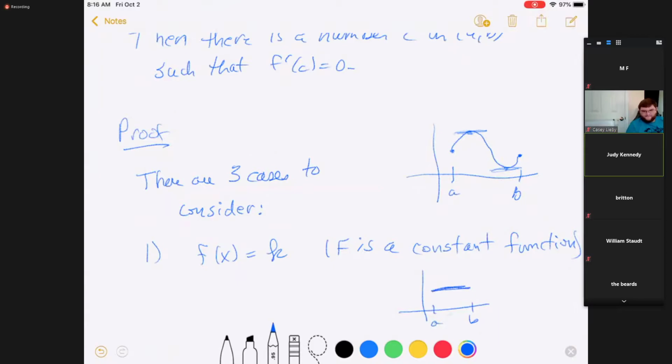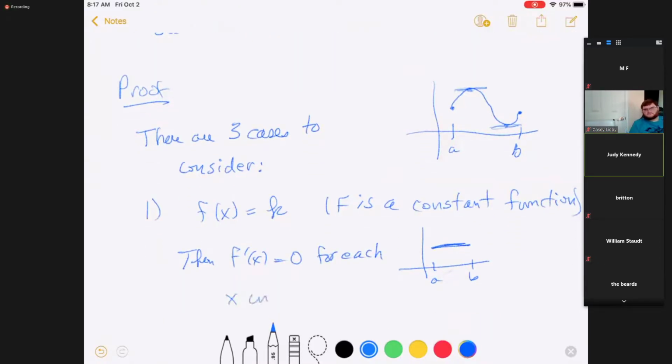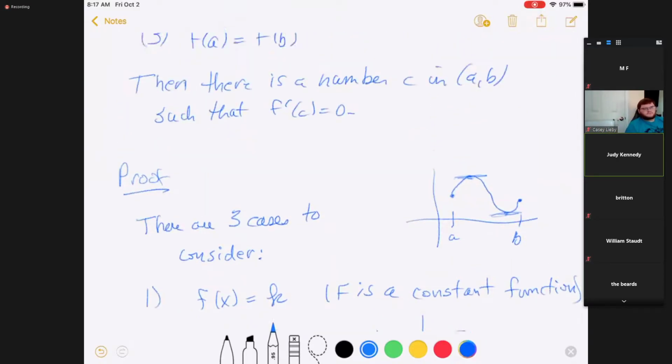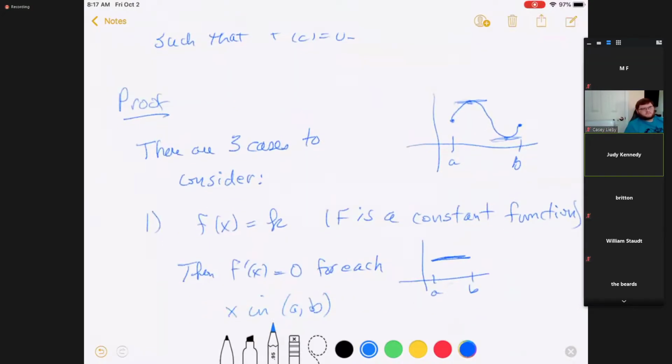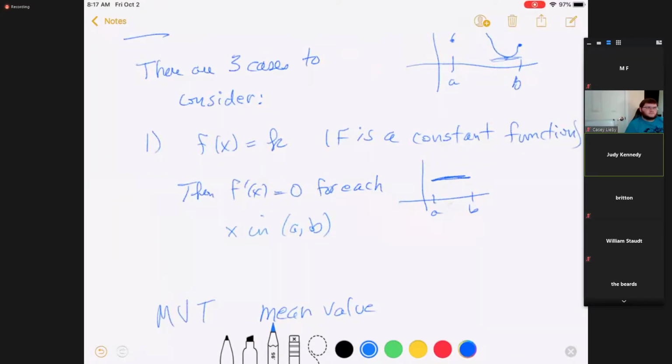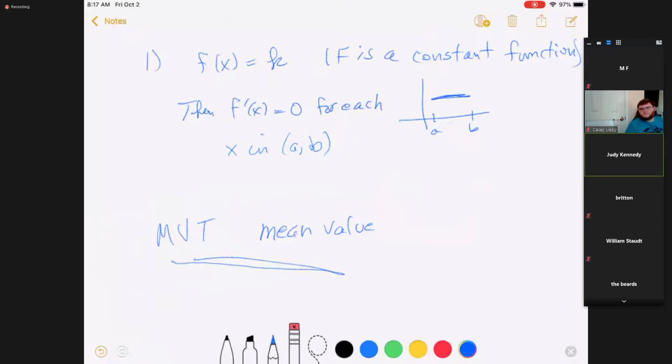For a constant function, f prime is 0 for each x in the open interval (A, B). So it's true. You could take any x in the open interval from A to B to be that number C that we're trying to prove exists. So that was easy. I didn't finish writing that; I'll write it later.